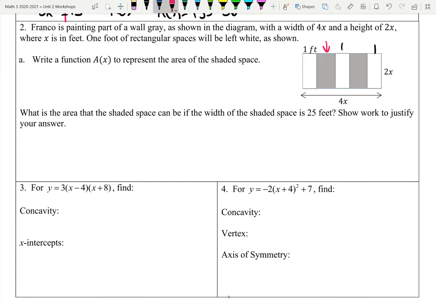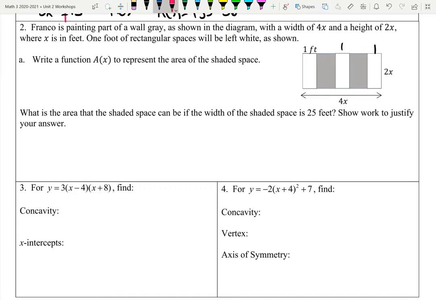But we actually don't know what the value of this is. It might be close to 1, but we can't assume it's going to be 1. So we need to find the area of the shaded space, which is 2 regions.